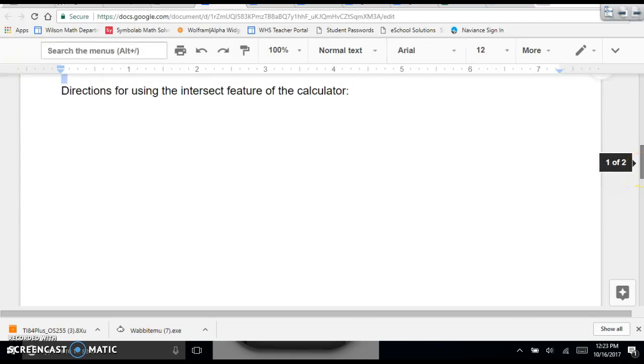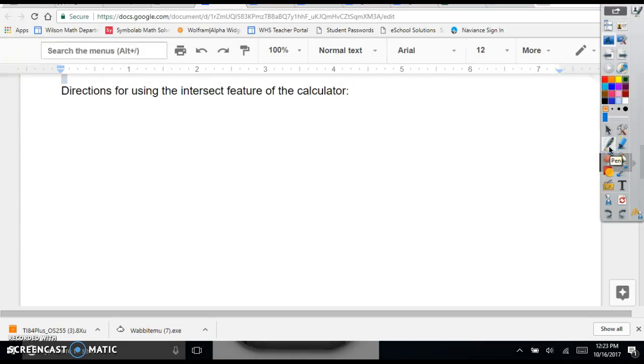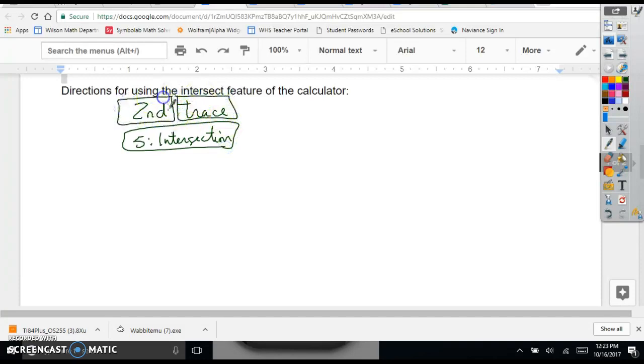Directions for using the graphing calculator, using the intersect feature, is second, then you hit the button trace, and then you select the fifth one, intersection. That will give you where two lines intersect. And these are two different buttons. Okay, it will say first curve.